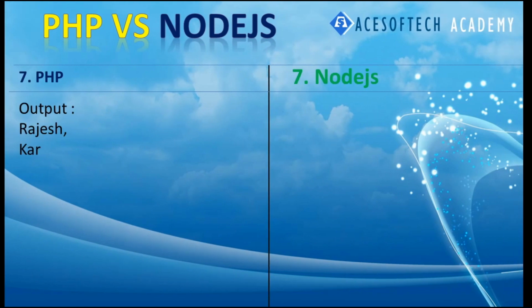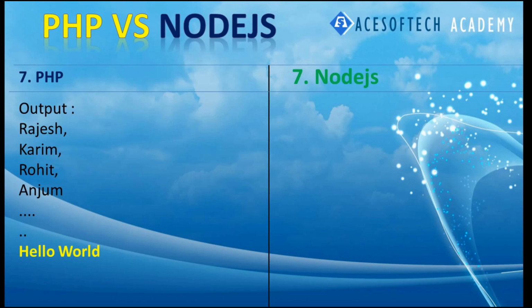In case of PHP, the result will be, say, Rajesh, Kareem, Rohit, and Anju, and then hello world. As you can see, hello world is just a one-line message, so it should have been printed fast. But in case of PHP, since it is a synchronous programming language, it starts from first.